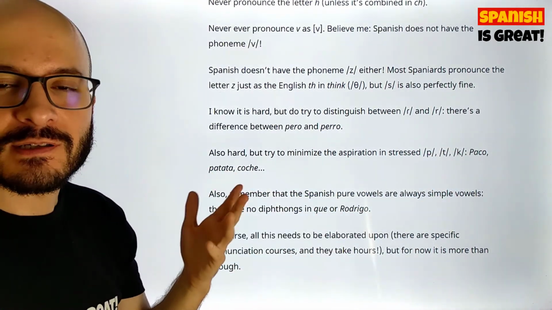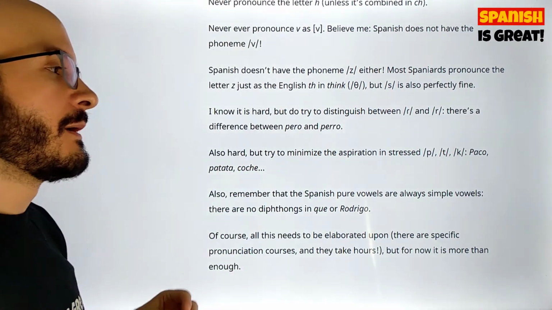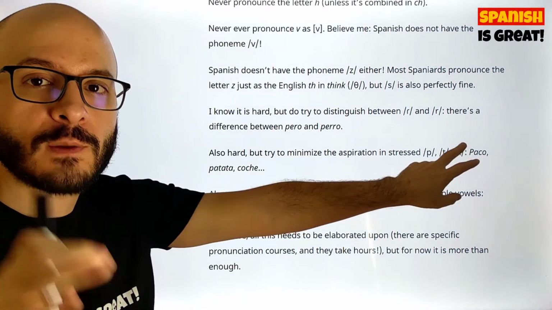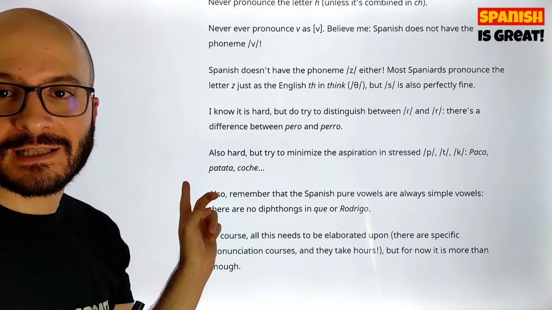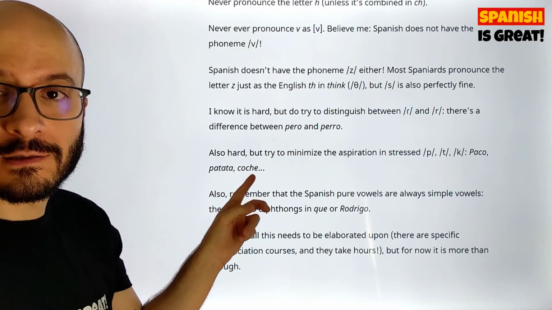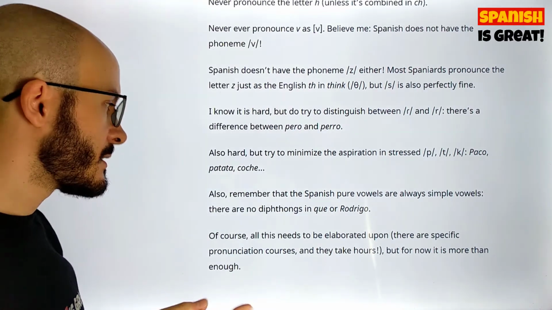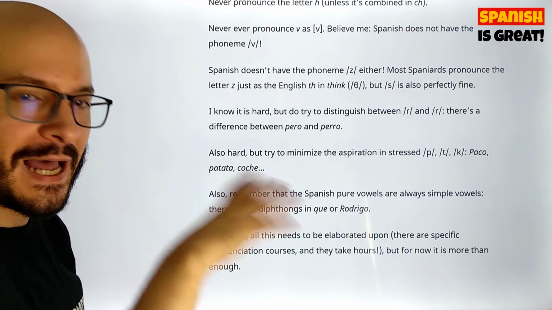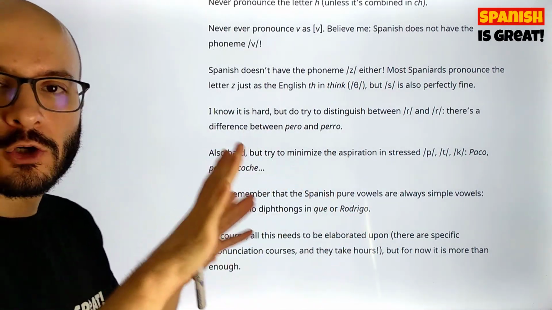Of course, this is an exaggeration. It's a joke, no? But there is a reason for it. Okay, so Paco, not Paco. Then patata, not patata. Coche, not coche.